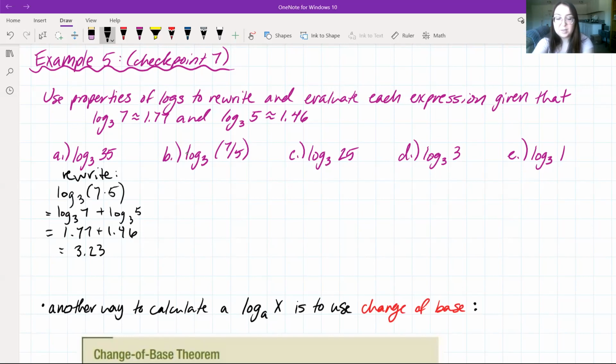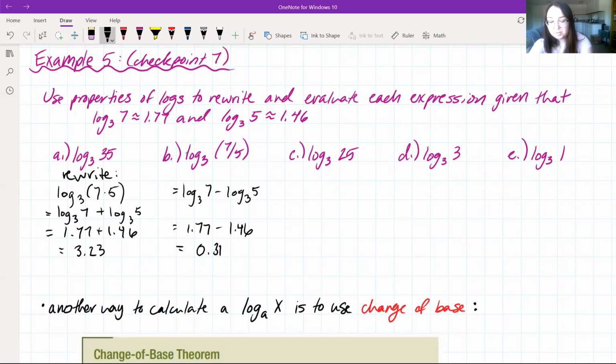So if we have log base 3 of 7 divided by 5, we know that this is equal to log base 3 of 7 minus log base 3 of 5. And now that we know our values, this is going to be 1.77 minus 1.46. And by subtracting these values, we will get 0.31.